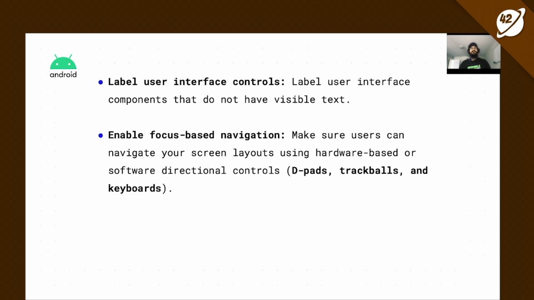In that case, make sure that you add labels to those images so that when users are using tools like TalkBack or screen readers, they will understand what that particular component means or what action it is associated with. So that is the labeling for your interfaces. I will cover later how we can add labels to the UI components.